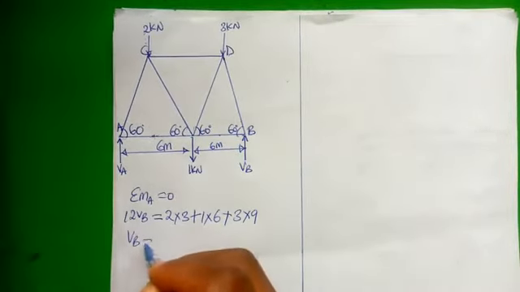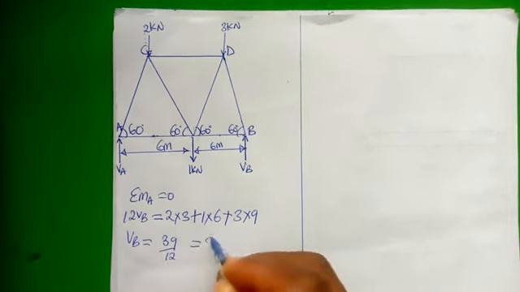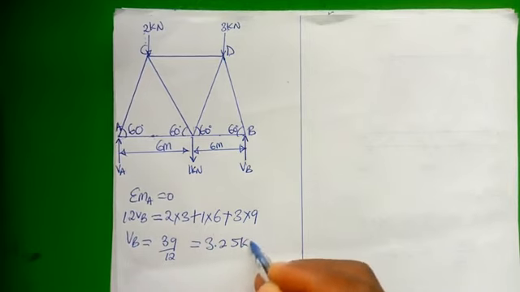We have that VB is equal to 39 all over 12, which is equal to 3.25 kilonewton.